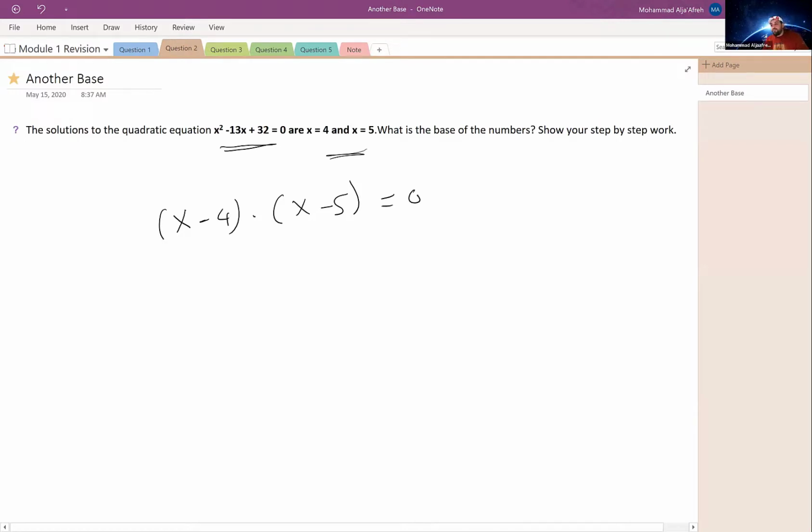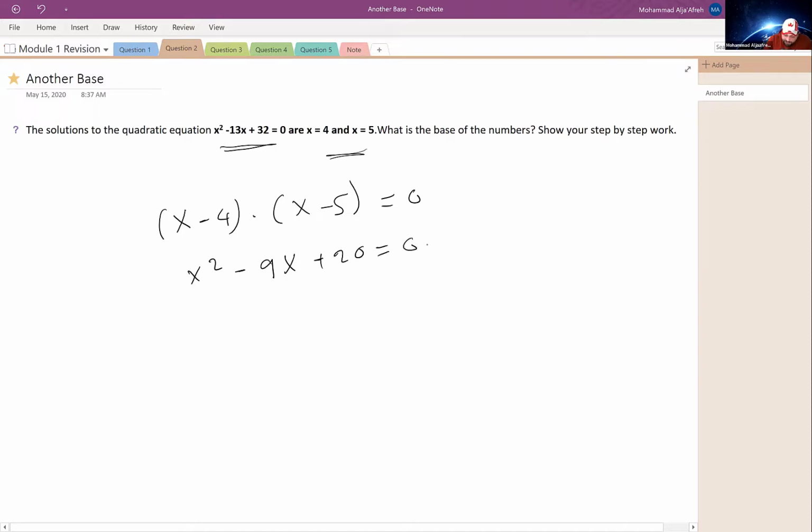If I multiply this, it is x to the power 2 minus 5x, then minus 4x, so I will get minus 9x, then plus 20 equal to 0.